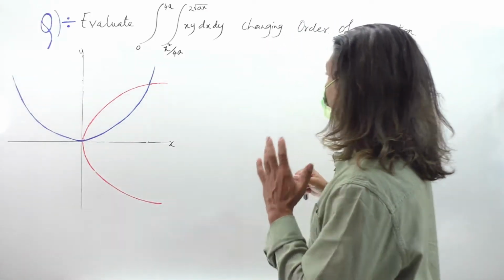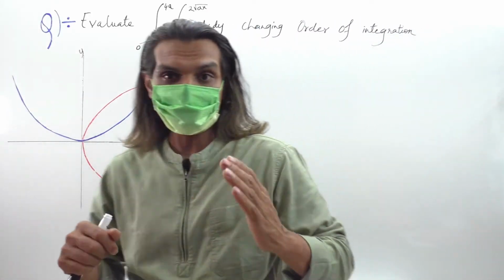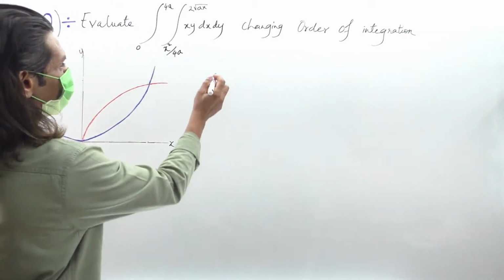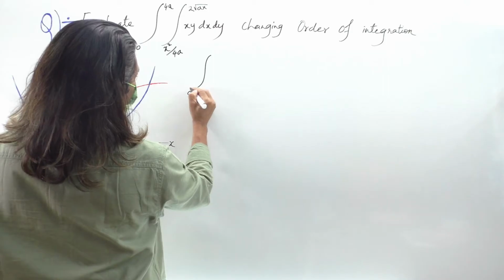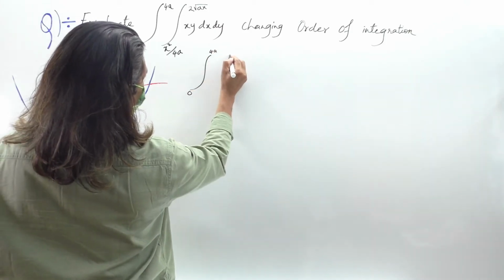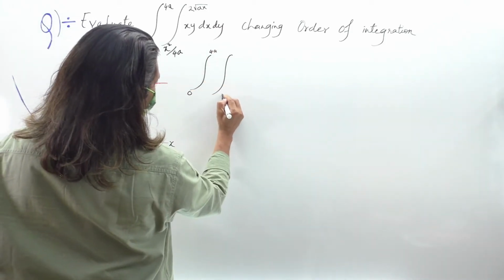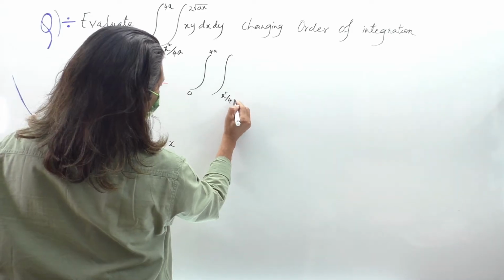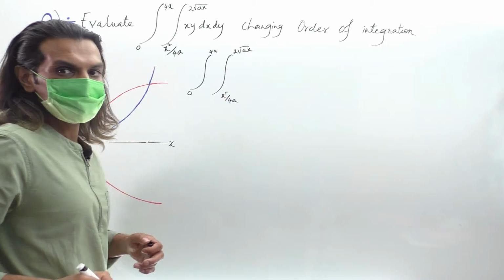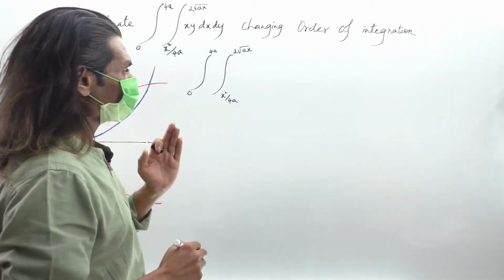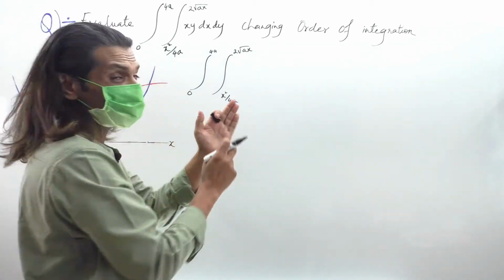Now first, as I told you, let me write this question down. So we have this question as 0 to 4a, then x square by 4a, and top is 2 root ax. Fine. Now if you see this, there is x inside.